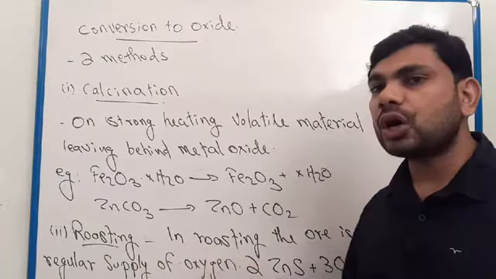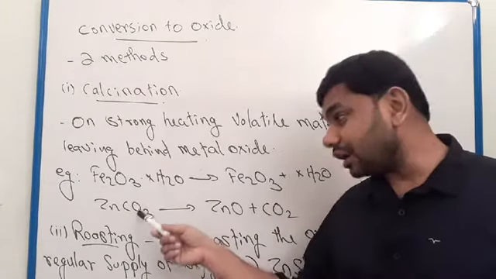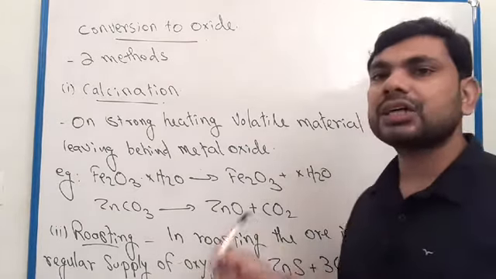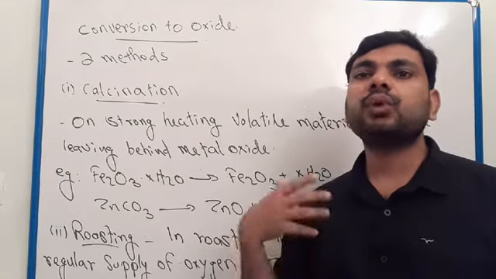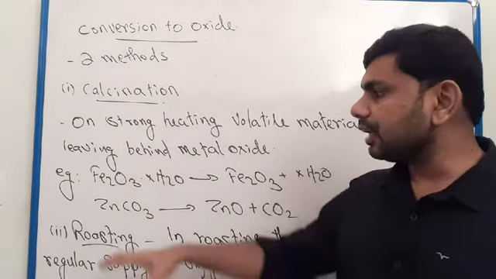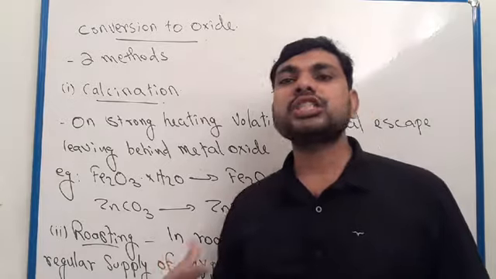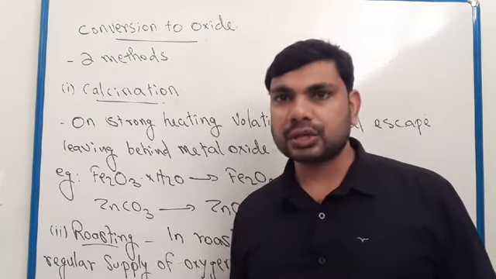Zinc carbonate on strong heating produces zinc oxide and carbon dioxide. Carbon dioxide is a volatile material and escapes outside. Similarly, any metal carbonate on strong heating produces carbon dioxide and metal oxide.